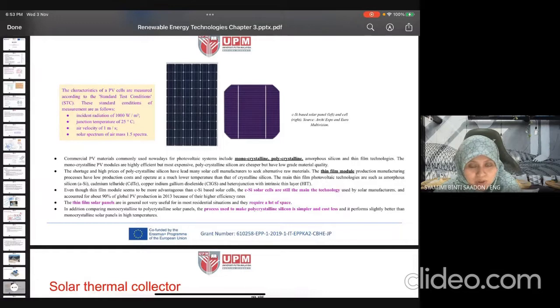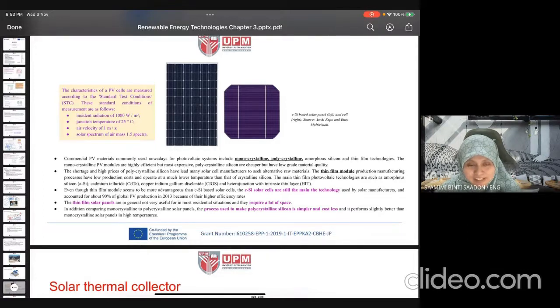One of them is the thin film module. Thin film modules are made from amorphous silicon, cadmium telluride, all those chemical materials.